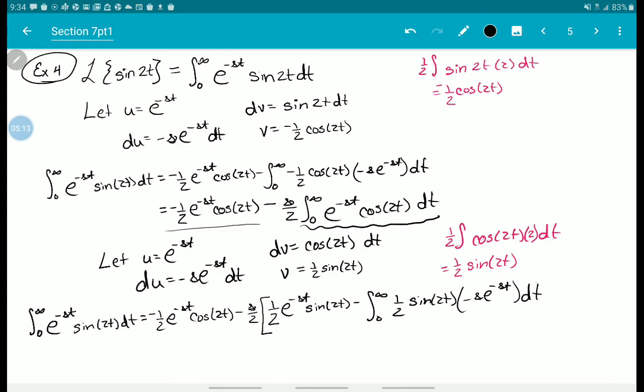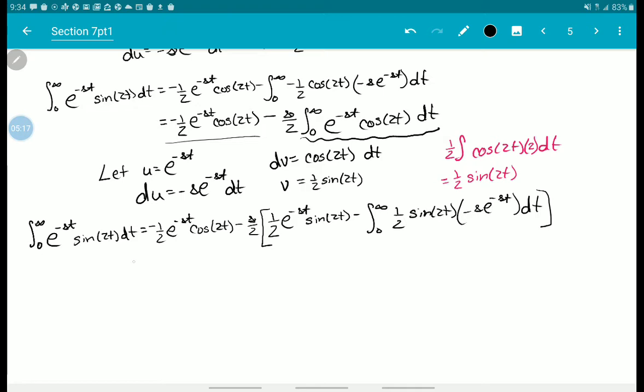Now let's simplify everything in here. And I'm just going to deal with that right-hand side right now. So we have a negative times a negative, which will make this a positive.